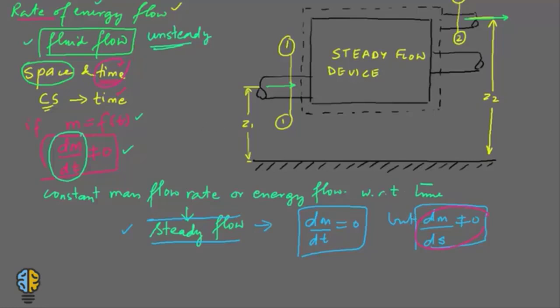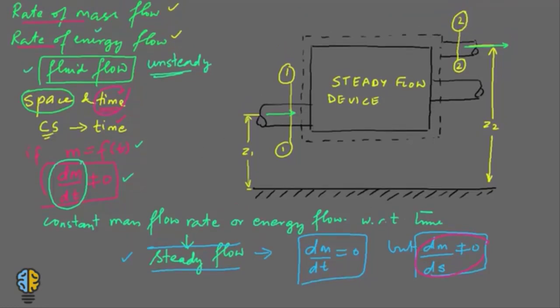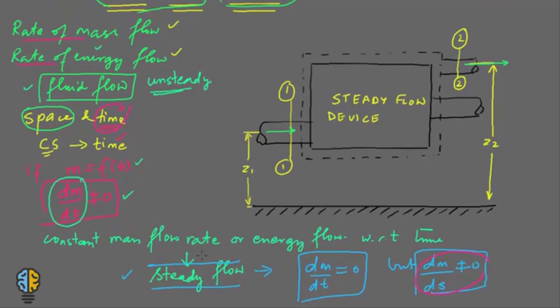Now, after defining what a steady flow is, let's put our focus on this particular diagram, which depicts a steady flow process. You have a steady flow device here, and we will analyze the mass and energy balance through it.